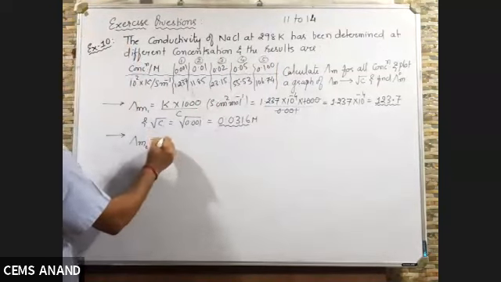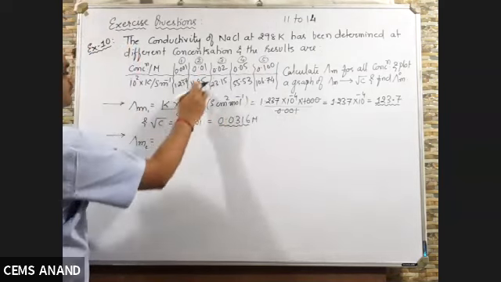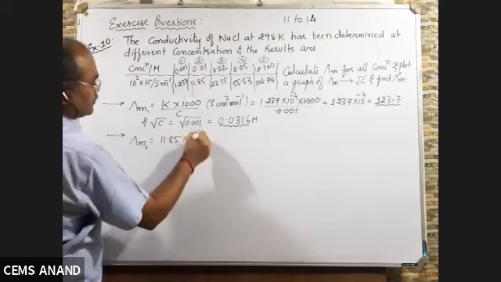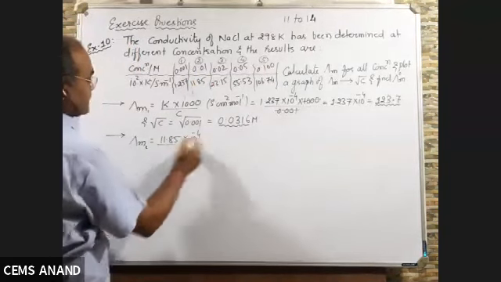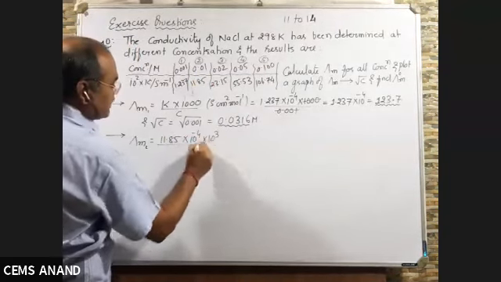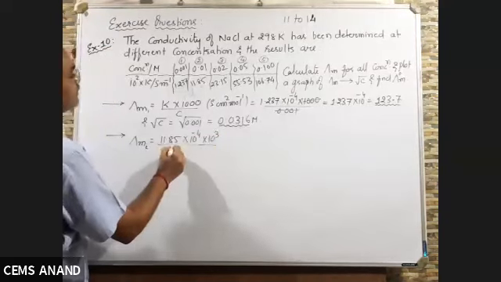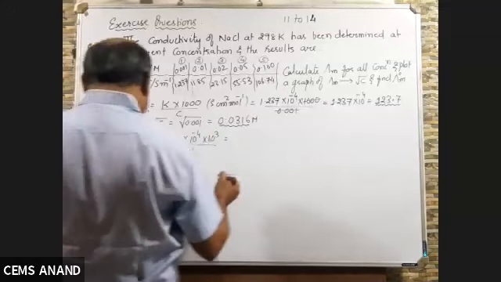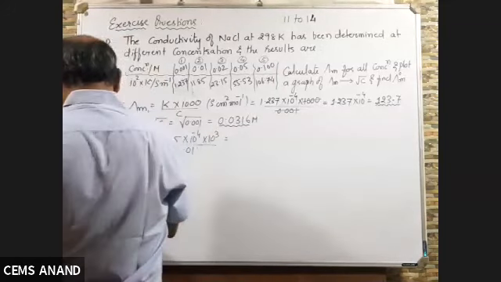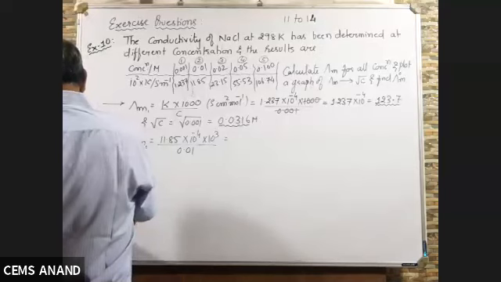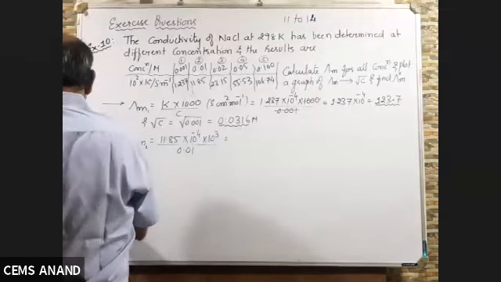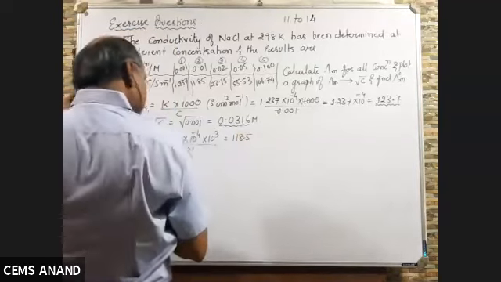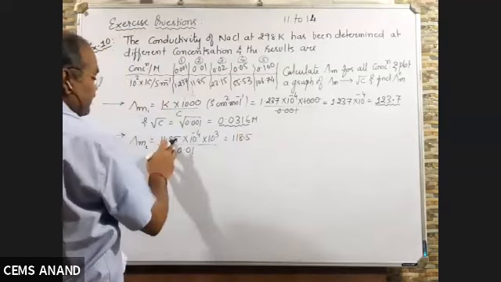Lambda m2 will be, now I am directly putting the values, 11.85 into 10 raised to minus 4 into 1000, which means 10 raised to 3, divided by the value 0.01. If you calculate it, it is 118.5.